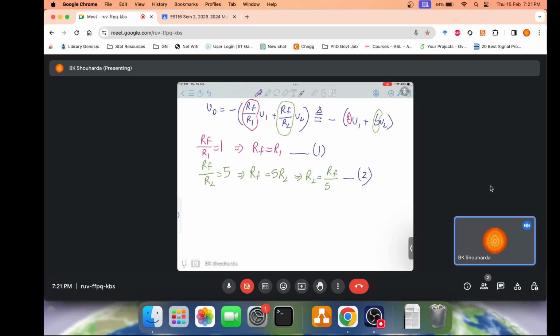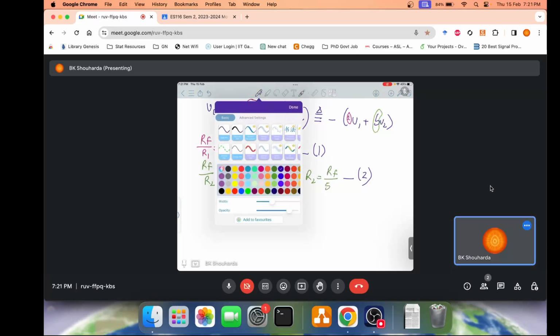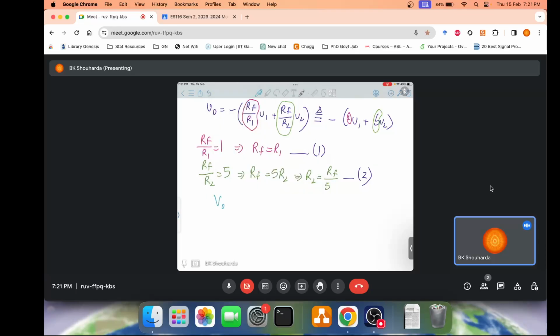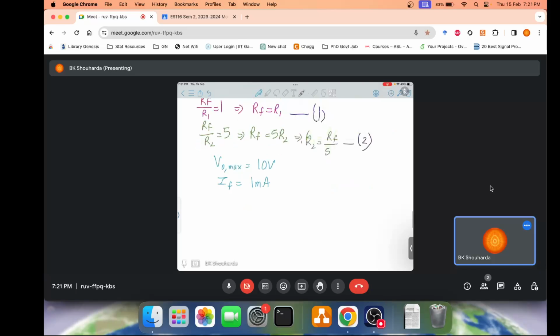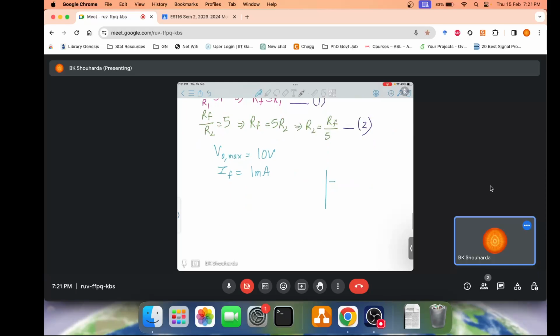The third constraint that's given to us is that for a maximum output voltage VO max equals 10 volts, the maximum current through the feedback resistance is 1 milliampere. So how do we look into this? We have this op-amp over here, and we have the positive terminal grounded. So by the concept of virtual short, we can easily consider this voltage as ground.